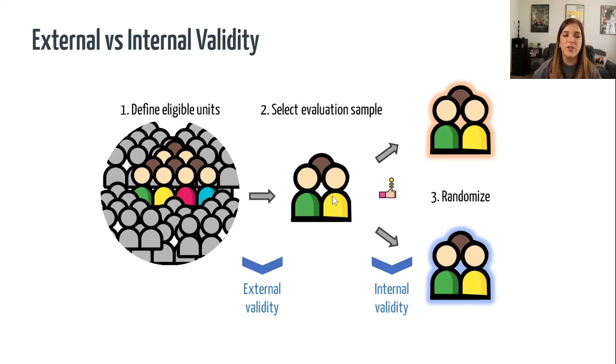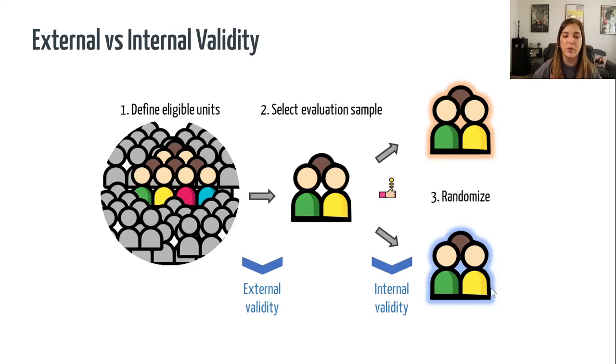So if your evaluation sample actually doesn't resemble your population, then you basically lose this external validity, which doesn't necessarily affect your internal validity, or the estimate of the effect that you're measuring, but you need to know to what population that effect refers to. So in this case, internal validity is given by randomization.